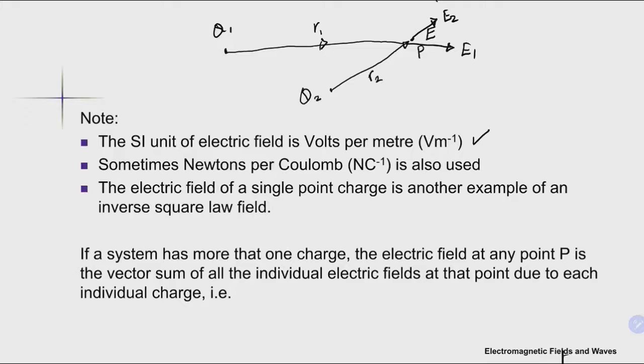Then I work out the final or net electric field experienced at point P. Okay, so I have two vectors, E1, E2.